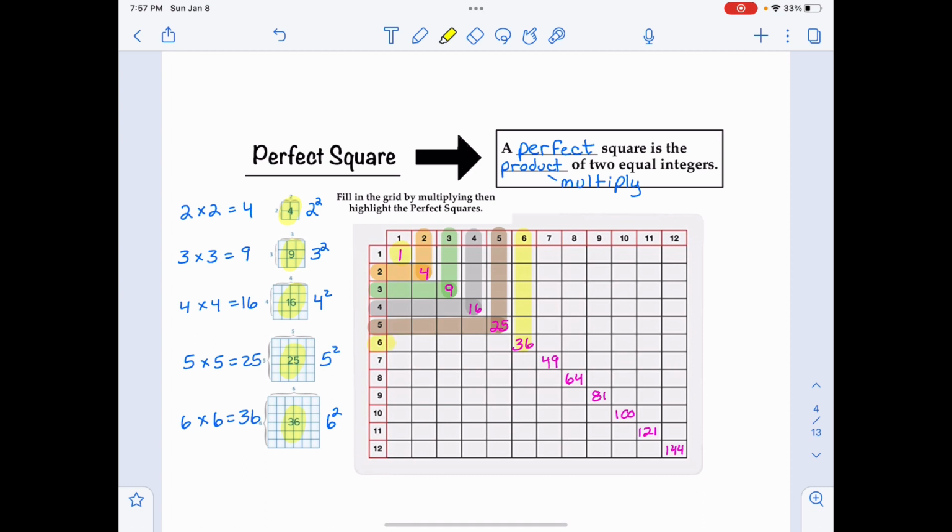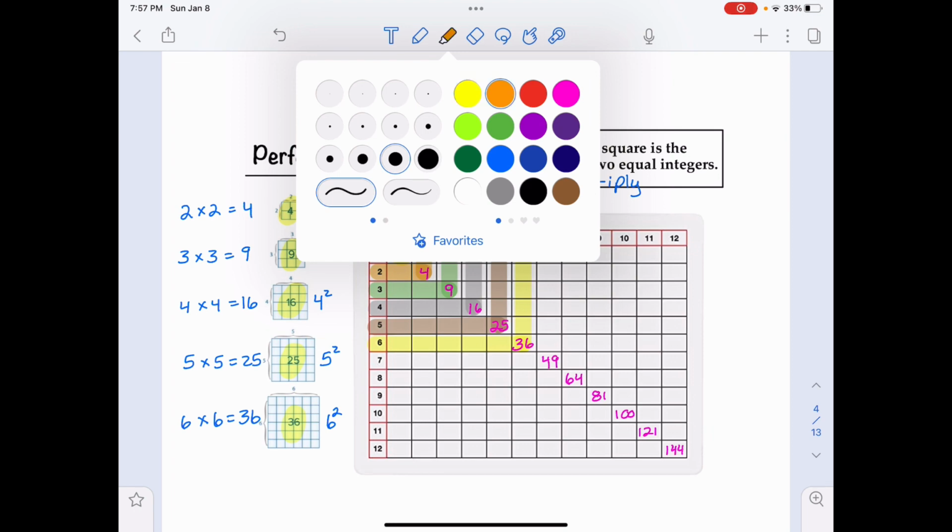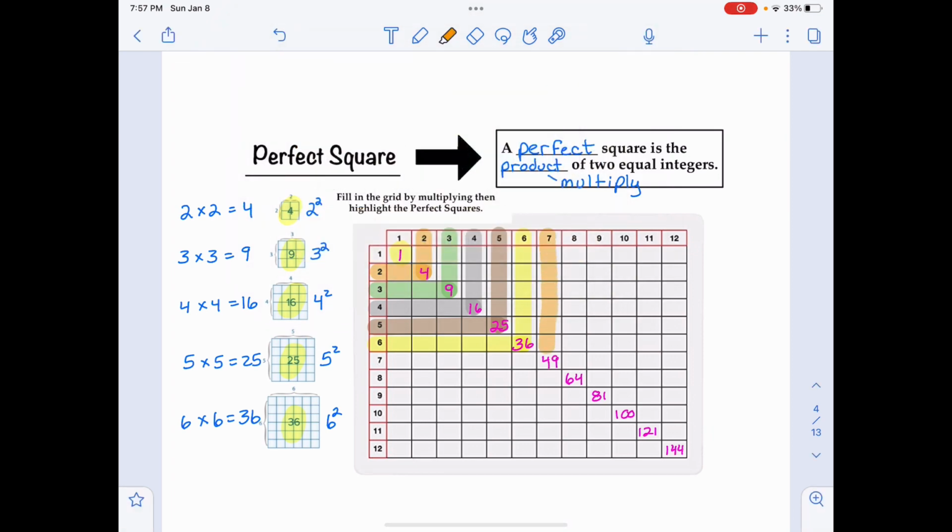But you get the idea of how the highlighting is showing perfect squares. Okay, I'll let you finish that up.